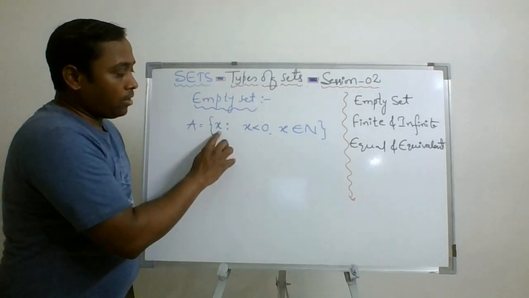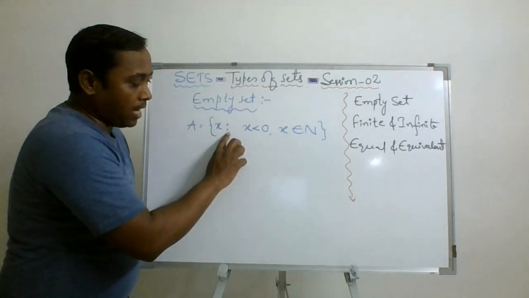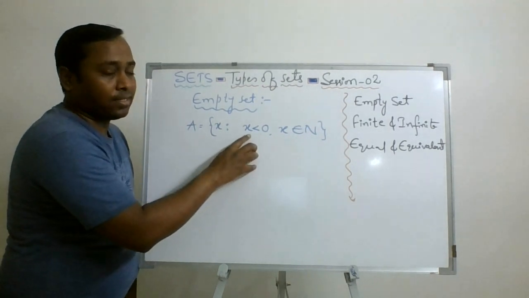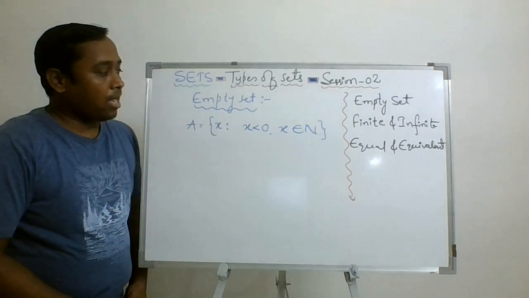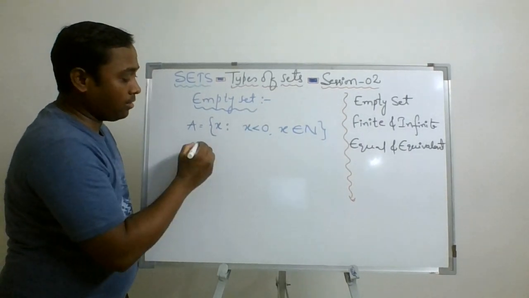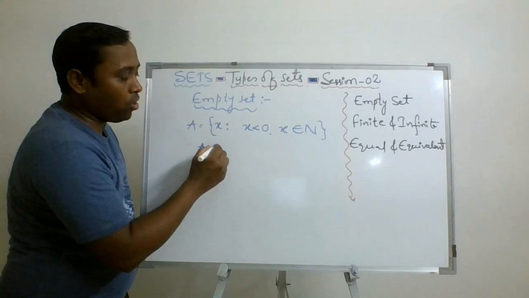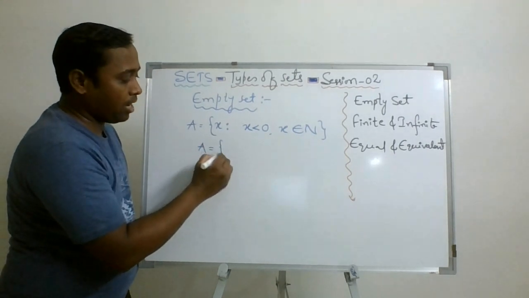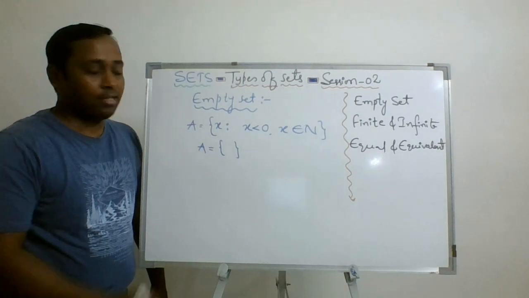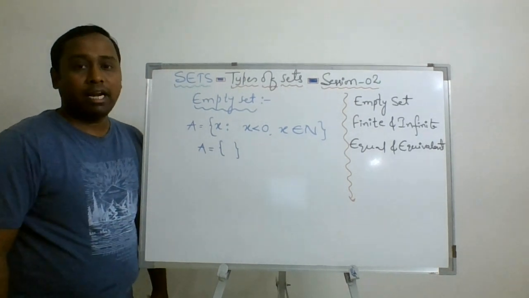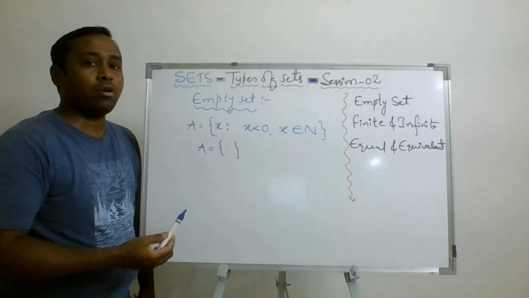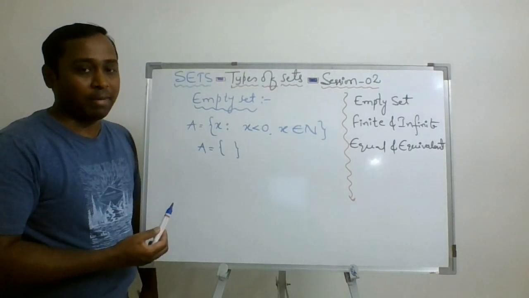We are looking for a number x such that x is a natural number which is less than 0. I think there is no such element. Hence, if I want to write this set in roster form, I will simply say there is no element in the set. Hence, this is called an empty set. So basically, an empty set means a set which does not have any elements.